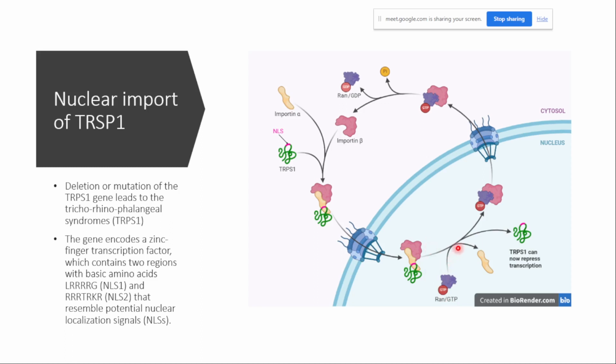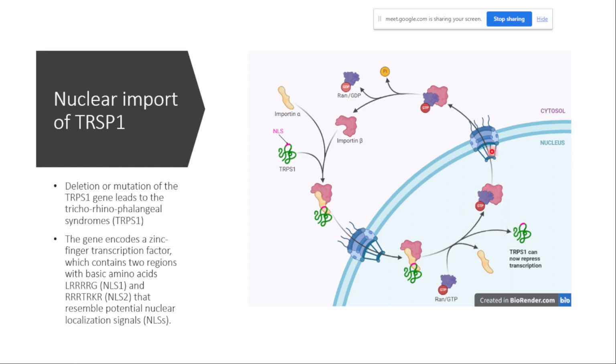After coming to the nucleus, RAN GTP interacts with importin beta, displaces importin alpha and the protein to be translocated to the nucleus, and binds to importin beta.